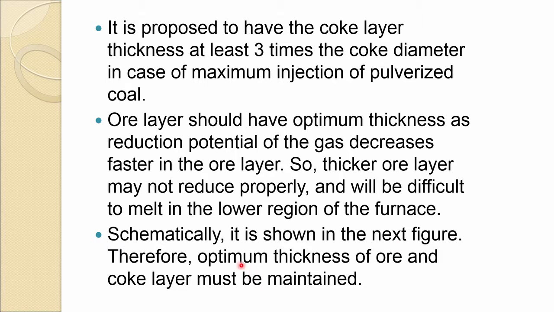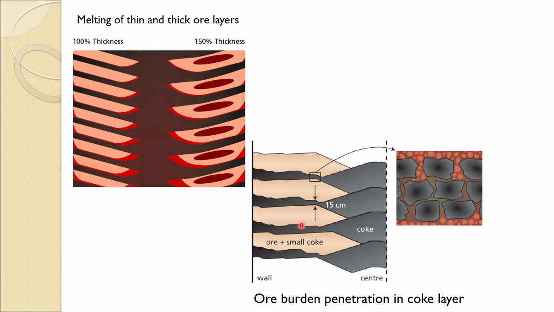Schematically it is shown in the next figure. So, even for that, an optimum thickness of the ore and coke layer should be maintained. So, this shows the ore layer thickness.